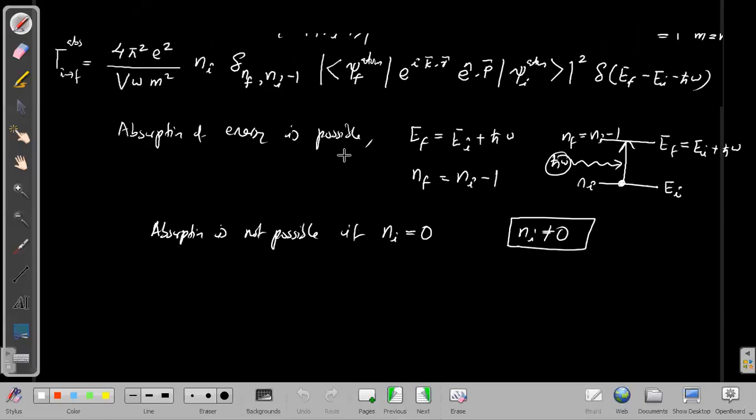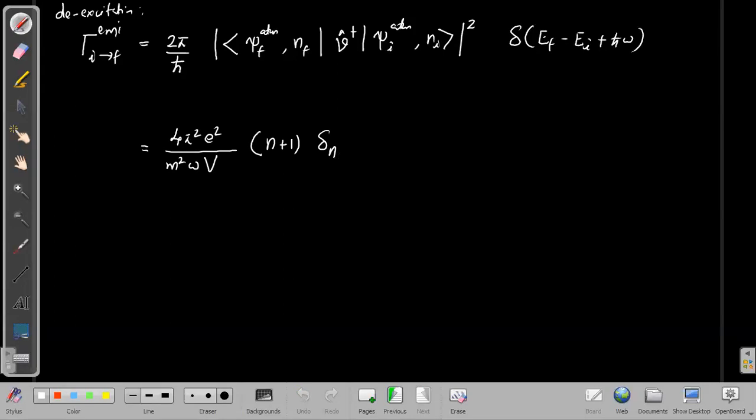Here it becomes n_f comma n_i plus 1, because we have the a dagger acting on n_i, so there you get n_i plus 1.